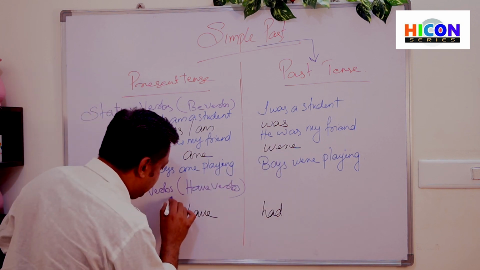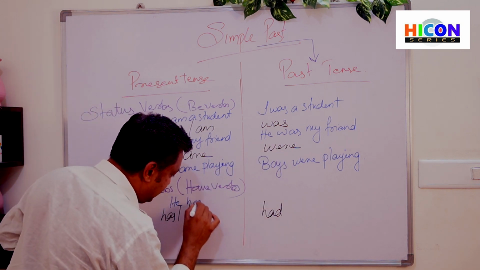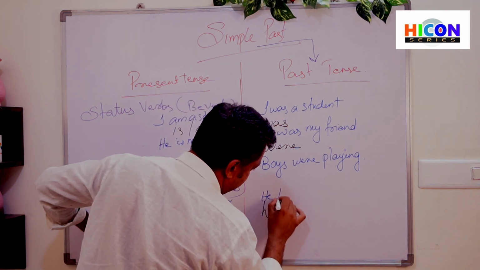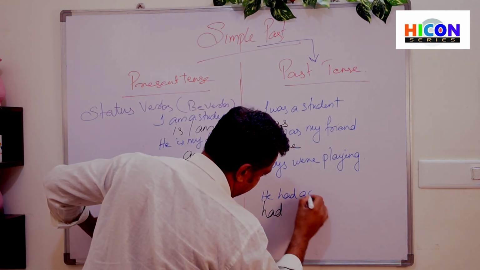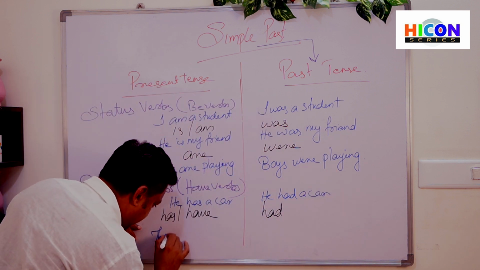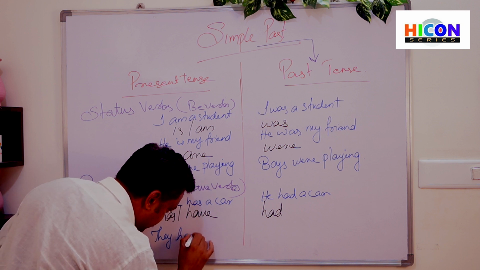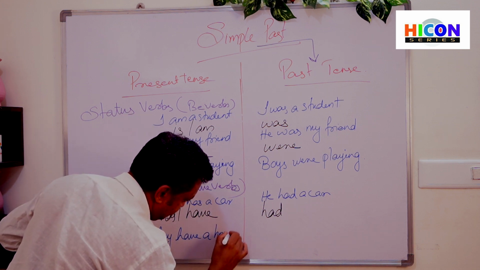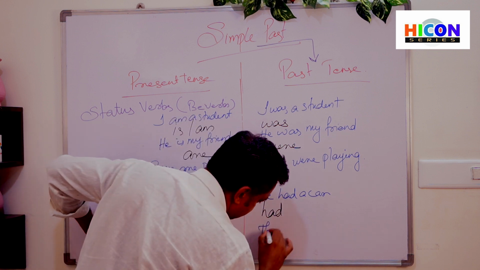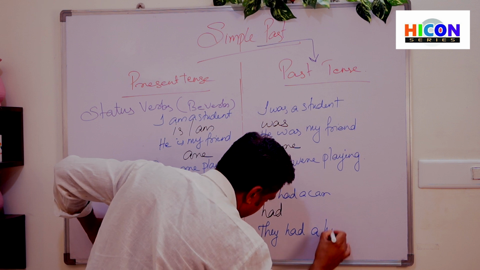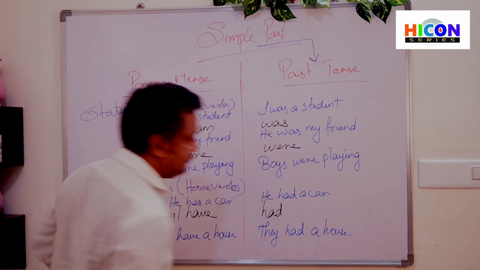Here he has a car becomes he had a car. Here they have a house becomes they had a house.